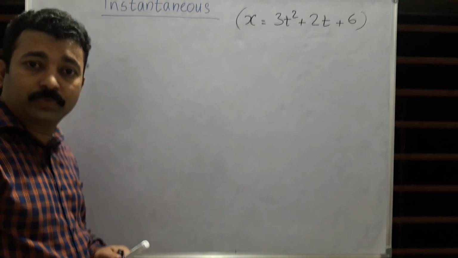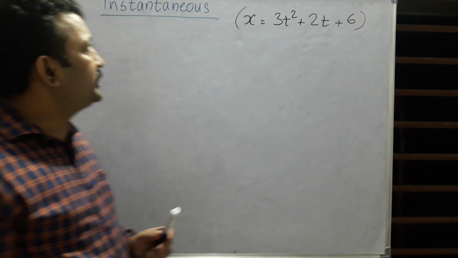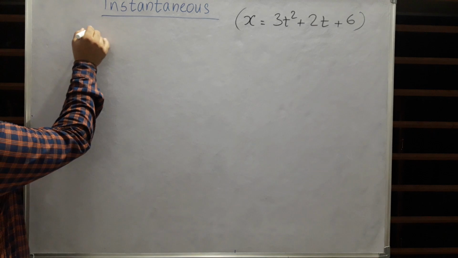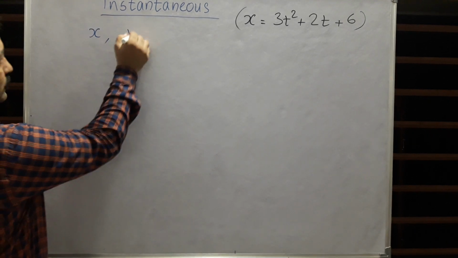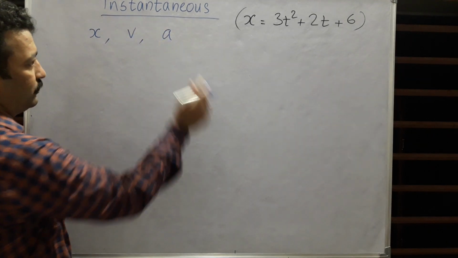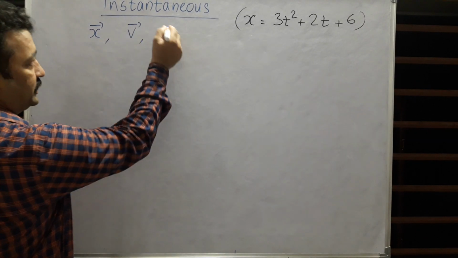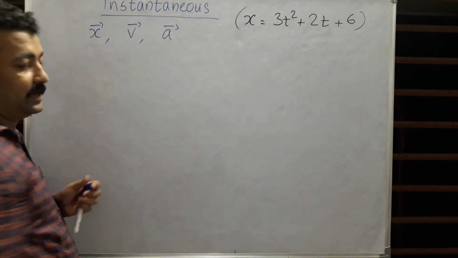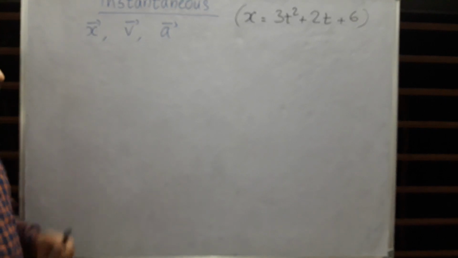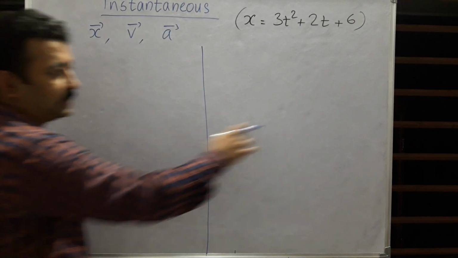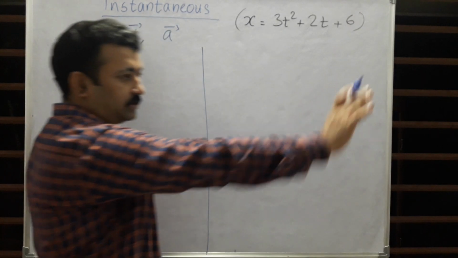The instantaneous problems or instantaneous concepts are all related to x, v and a. We know what is x, which is the displacement or the position vector. v is the velocity and a is the acceleration. So I will give you a couple of differential relationships and a couple of integral relationships.